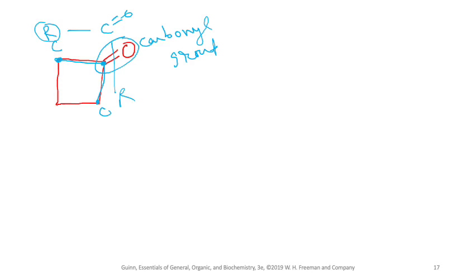So how do you normally name it? The naming should be the same. This is a cyclic compound, so you write cyclo. How many carbons? 4 carbons. 4 carbons is butane, but because this is a ketone, cyclobutanone, right?